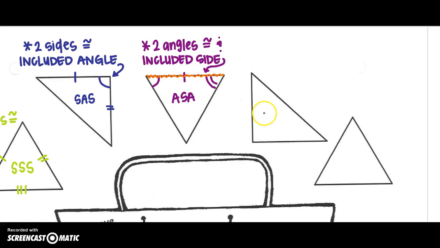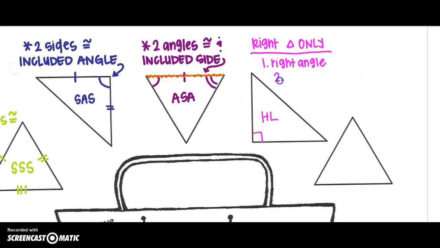The next one may be your HL theorem. And remember, the HL theorem is for right triangles only. So unless you have a right triangle, you do not need to worry about this one. The 3 things we need here is a right angle, which a right angle will make up that right triangle.